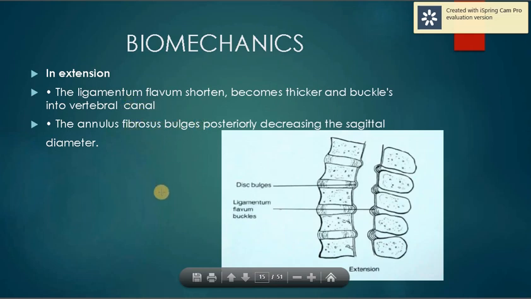Now this point you relate with the clinical sign. When there is a case of spinal canal stenosis, because of this biomechanics, extension will produce pain, or the symptoms will aggravate, or extension will make the canal narrower.